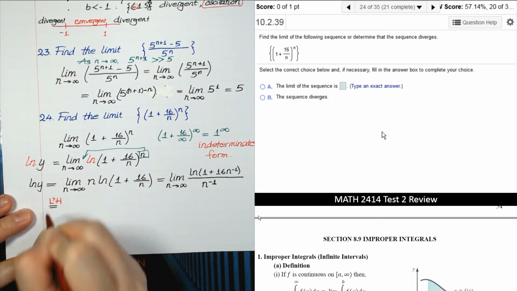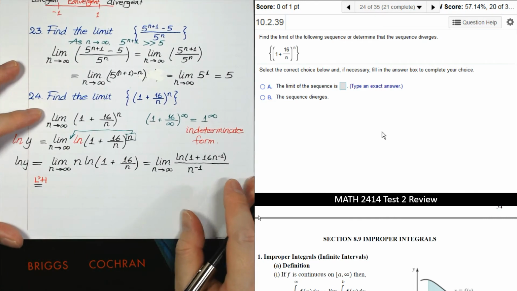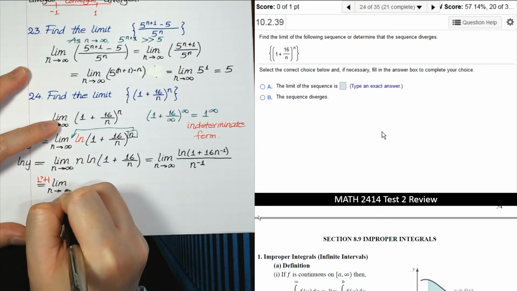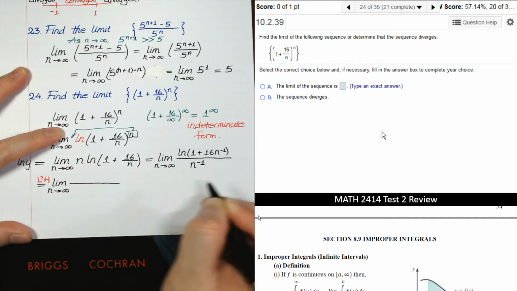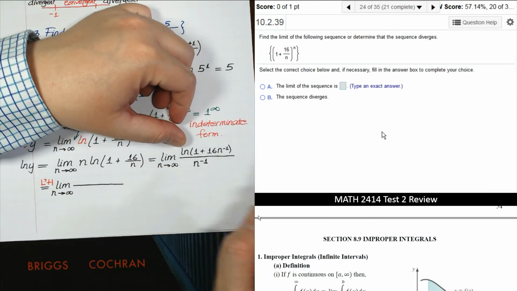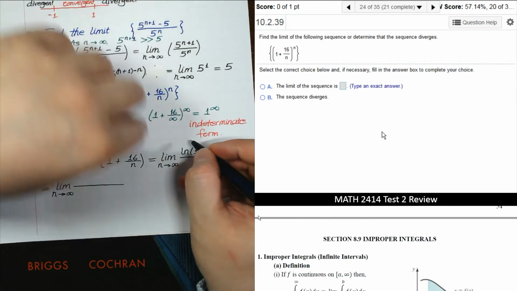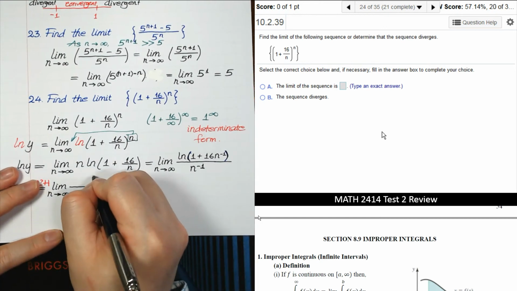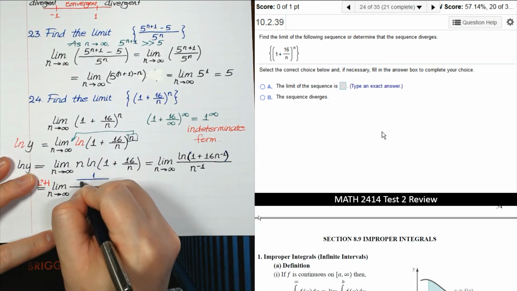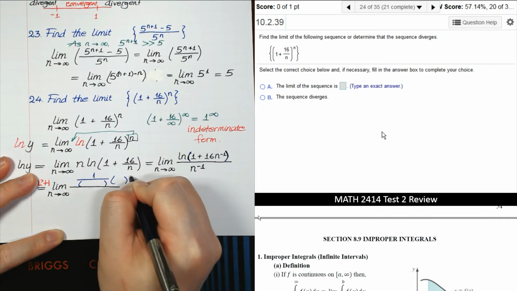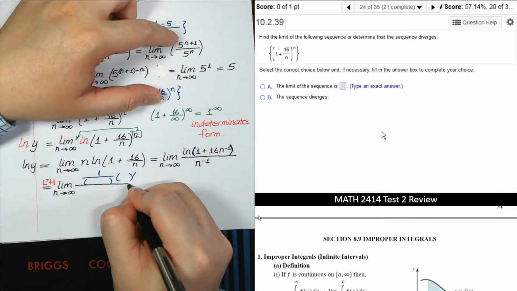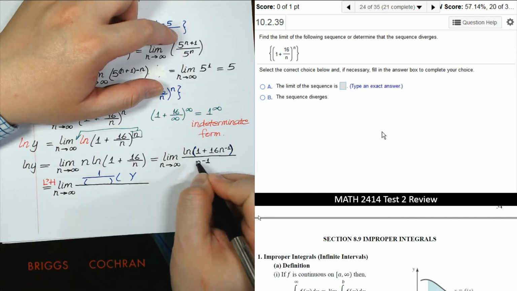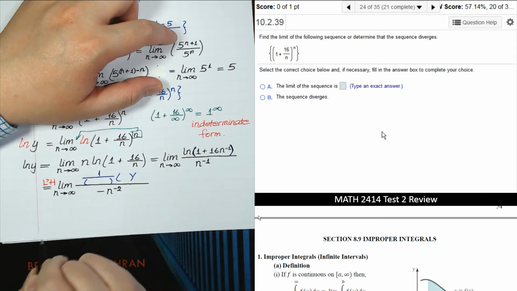So we take the derivative on the top. The derivative of ln is 1 over, and then the derivative of what's inside the parentheses. The derivative of this is negative n to the -2. That part's easy.